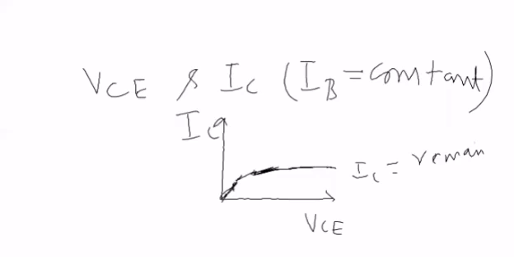We must keep IB constant, because IB and IC are related. If you increase IB, IC will increase.